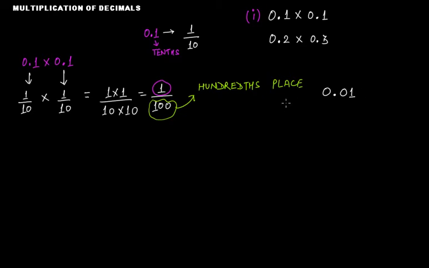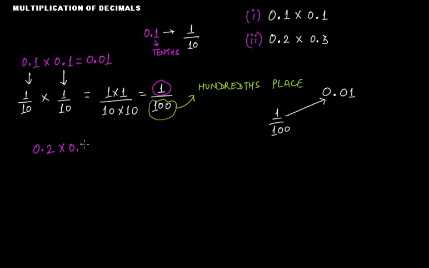This 1/100 can be written as 0.01. So the answer of this is 0.01. Let's take the second one.